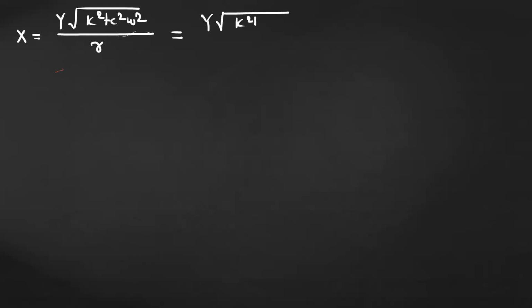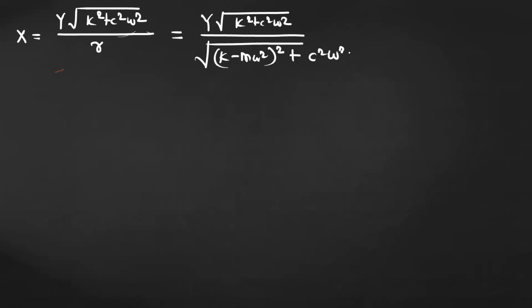So the x value is Y into square root of k square plus c square omega square, this is the amplitude of the motion transmissibility, upon r. So r is nothing but the square root of (k minus m omega square) square plus c square omega square.